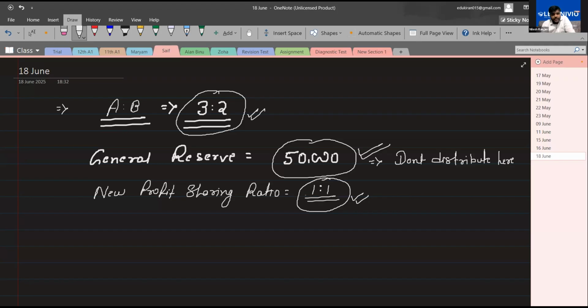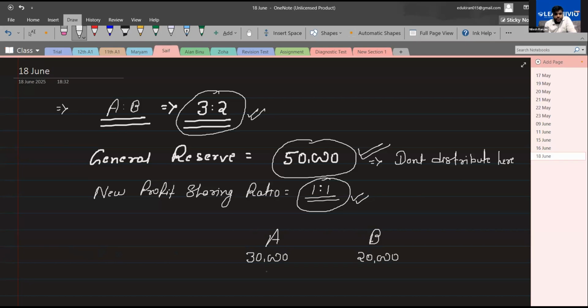If we don't distribute it here, then there will be distribution in the new ratio. Let's say A and B distribute it in the old ratio, 3:2. If they distribute it at the time of change, it will be 30,000 to A and 20,000 to B.